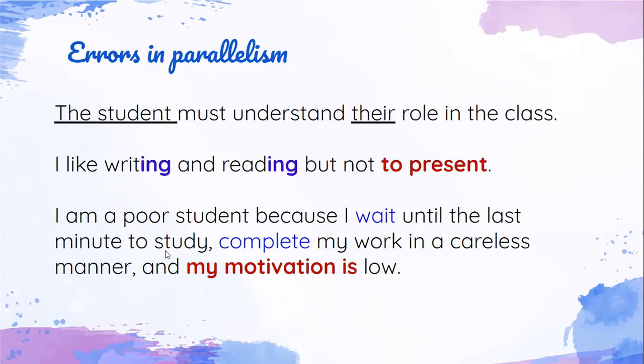Parallelism is where everything in the sentence, like the tenses, are the same. Here you're referring to one student. It just says the student, so one student, but it says their, which is used to describe multiple. It's plural.